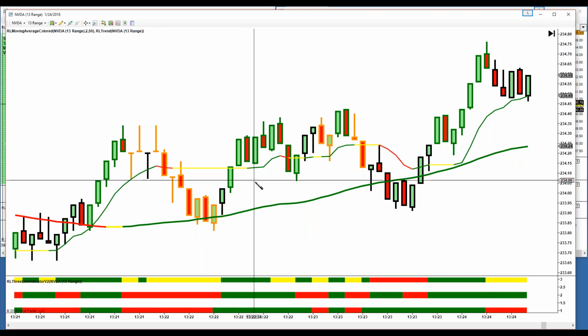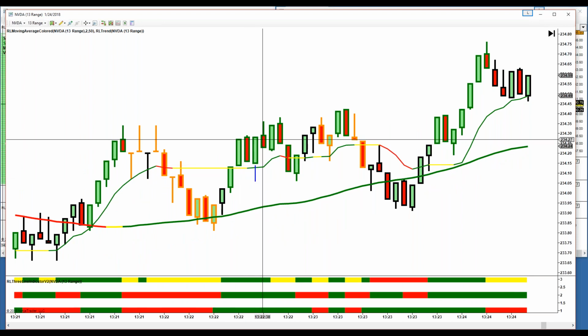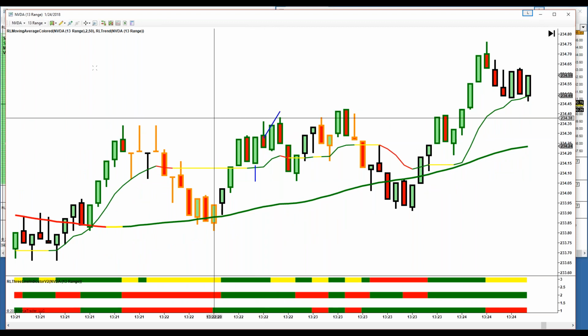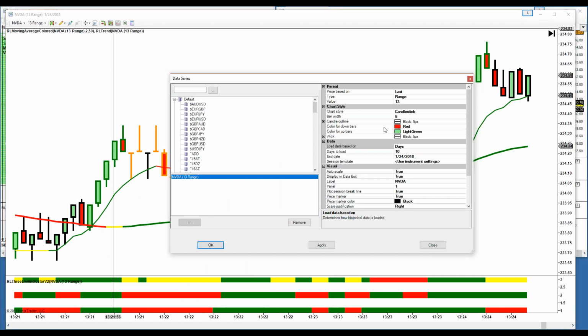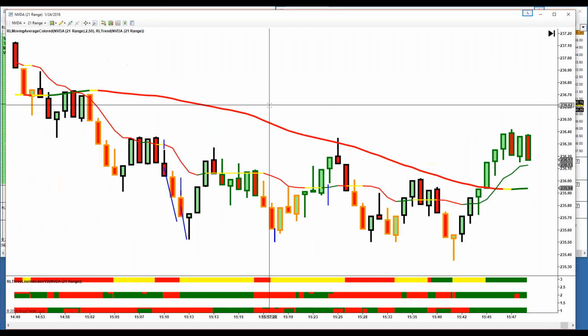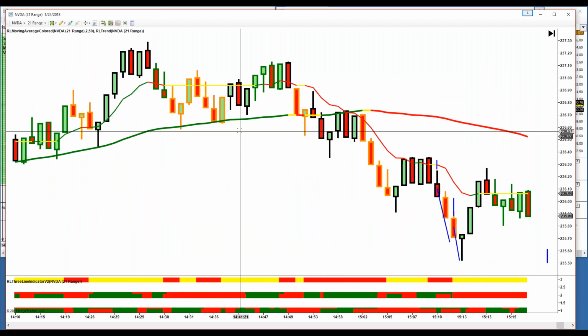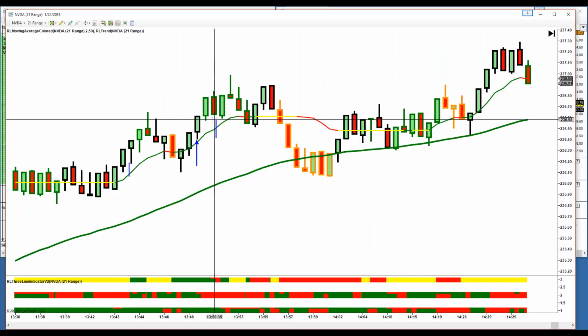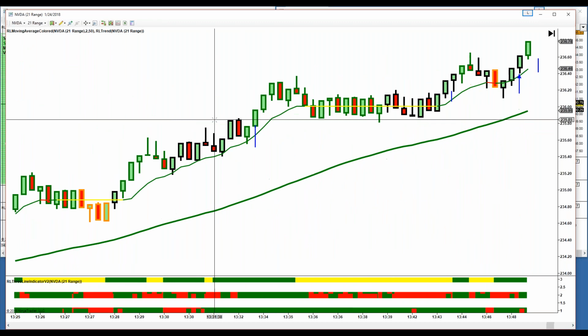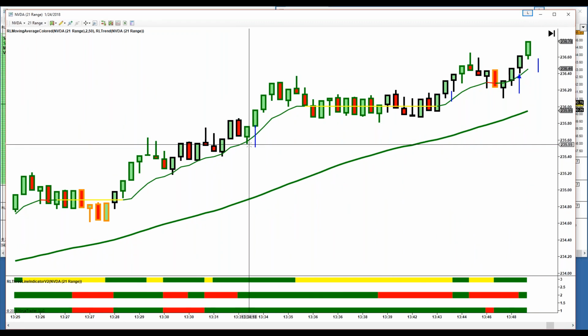Now, this is also an entry that just doesn't make it. No, I think a 13 is too fast. Let's go to a 21 range. Just too much. The stock is too expensive. Okay, here's a winner right here.